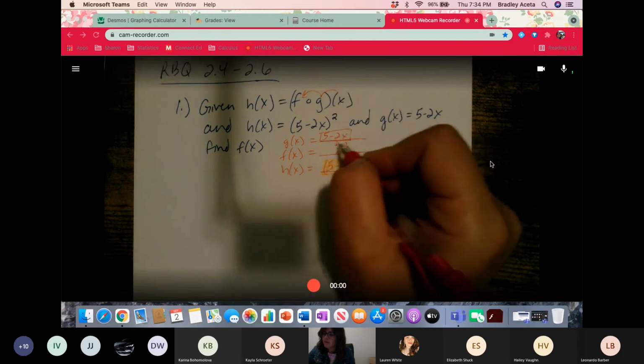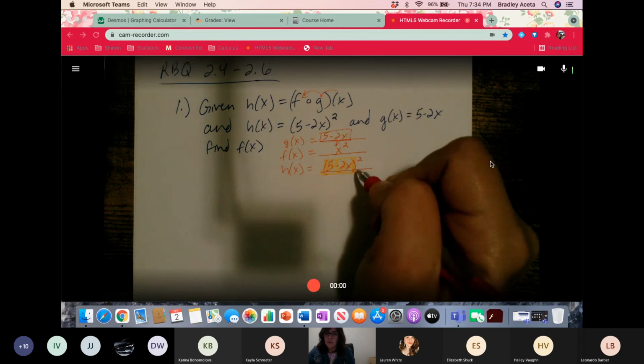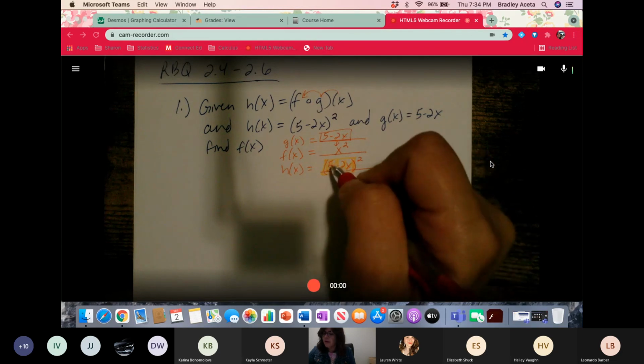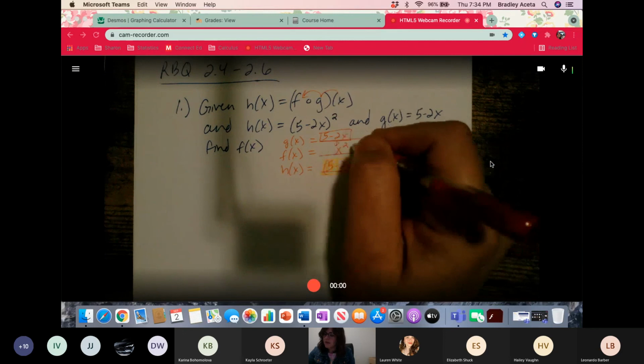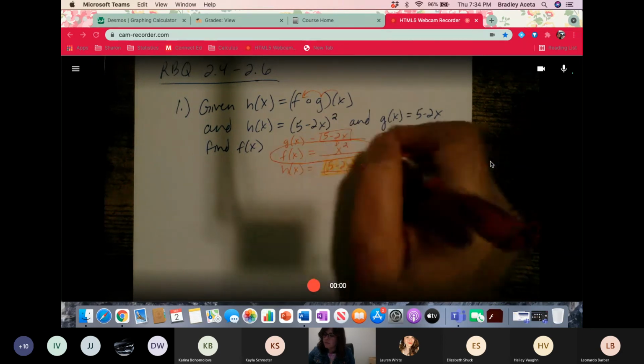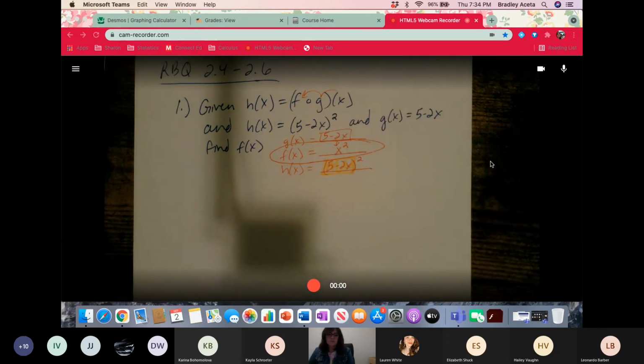If I took this 5 minus 2x and plugged it in right there, wouldn't I get that output? Wouldn't I get 5 minus 2x squared? So this is your answer for f of x. You'll have a question just like that, or 2 questions, actually. I think I made a little note here. So they like it.